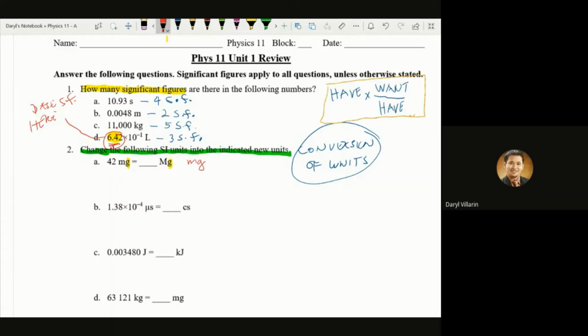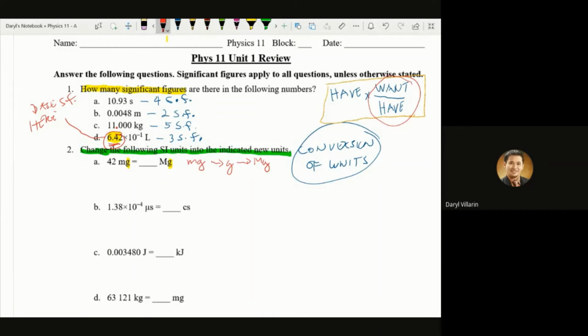So first you have milligram, but I'm going to convert it first to grams and then to megagram. So this is my roadmap. From milligram to megagram, again, I cannot do that in this particular case because I don't have a direct conversion factor.